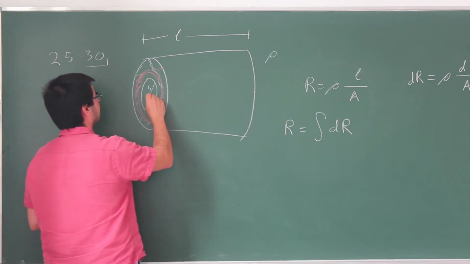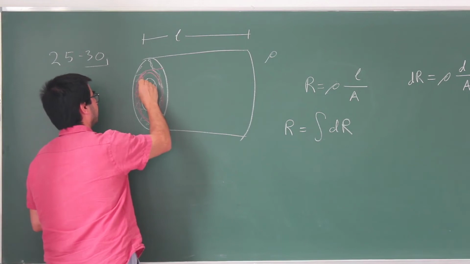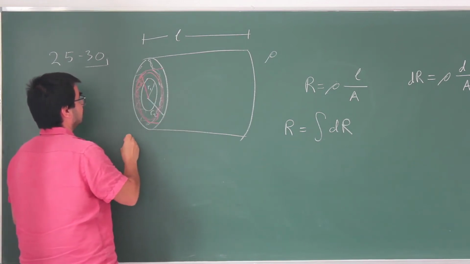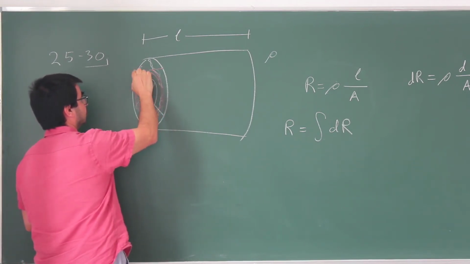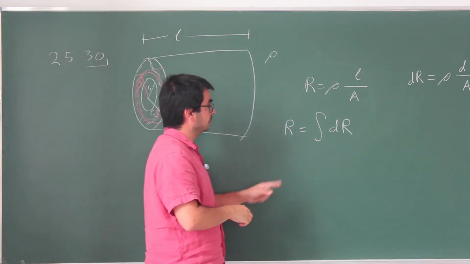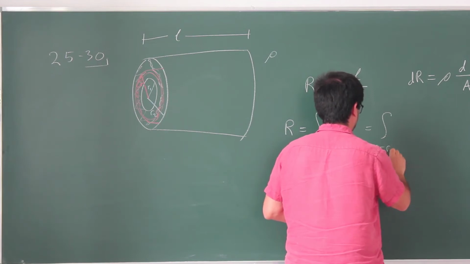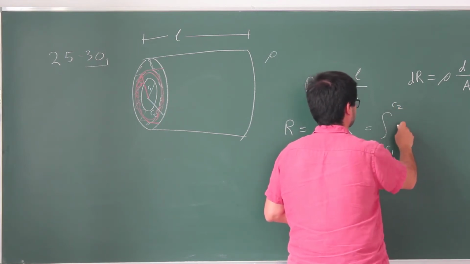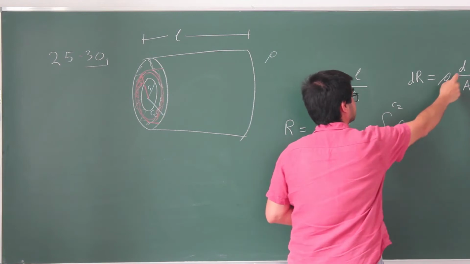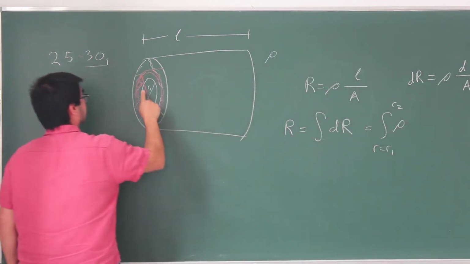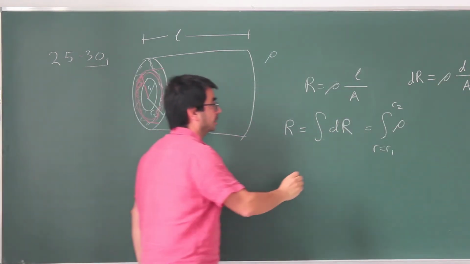So let's do this more explicitly. So this is my r. I'm trying to take this r from r1 to r2. So this integral is in fact going to correspond to r starting from r1 to R2, and rho is a constant, I can just write this. This dl corresponds to moving in the radial direction, so that is just dr.